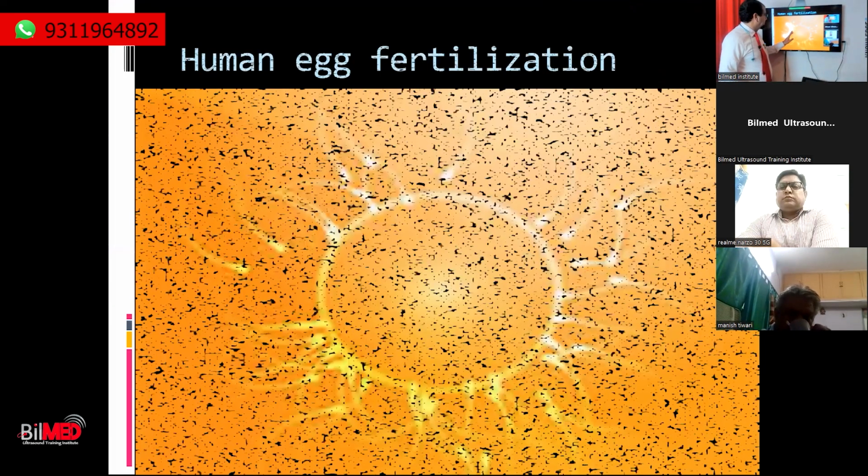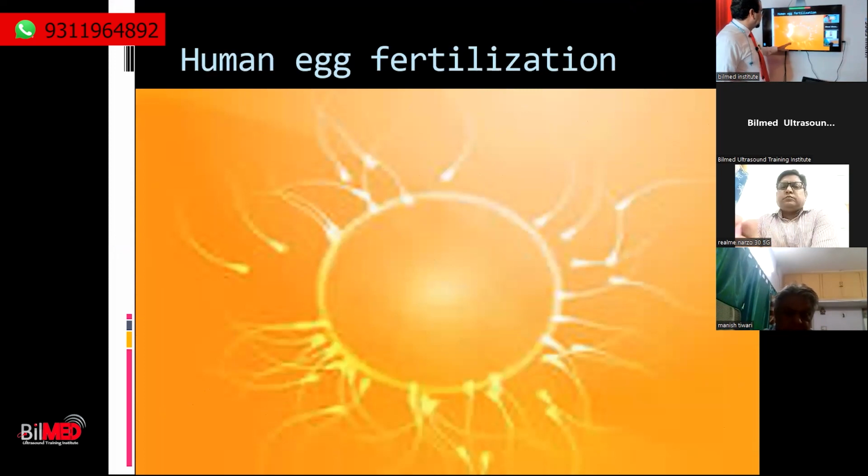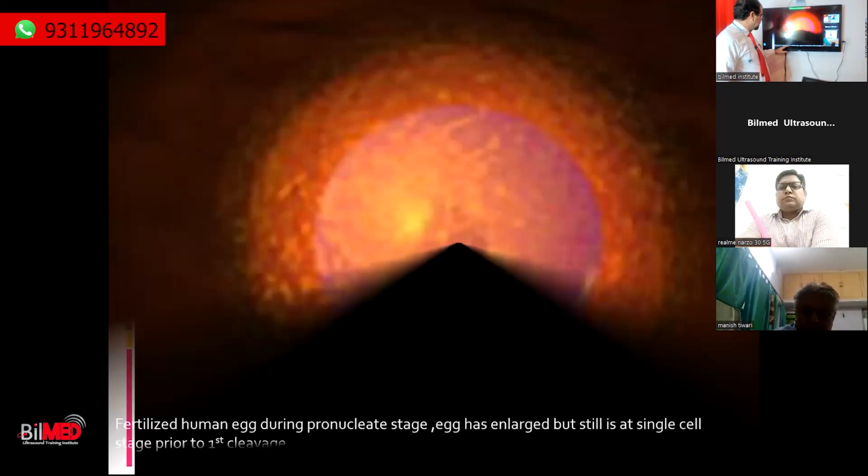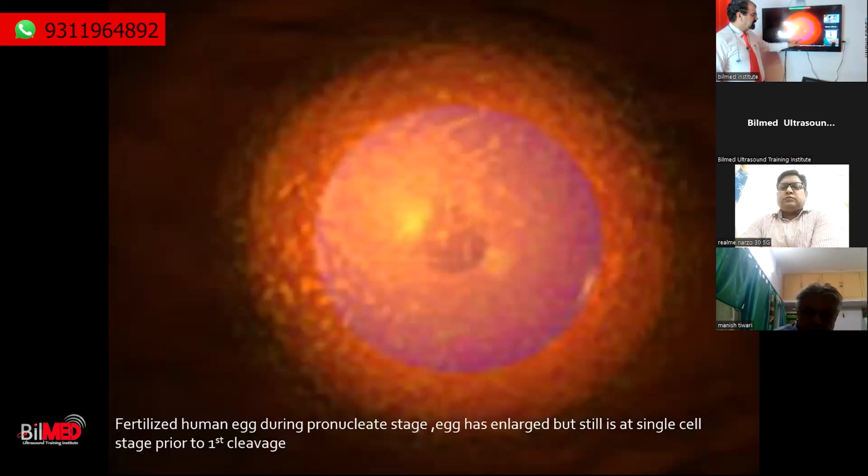Here comes the human egg, which is in a pronucleate stage. This egg has enlarged, but still is a single cell prior to the first cleavage.